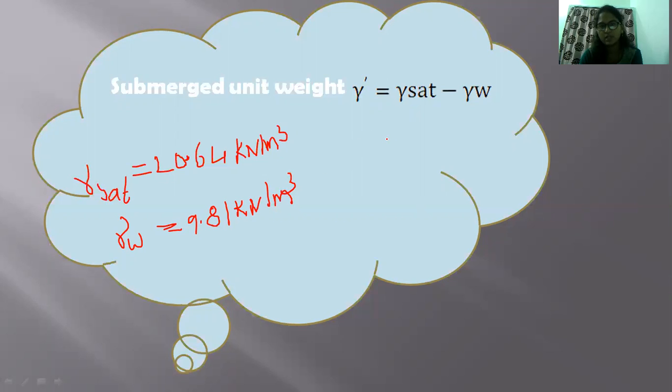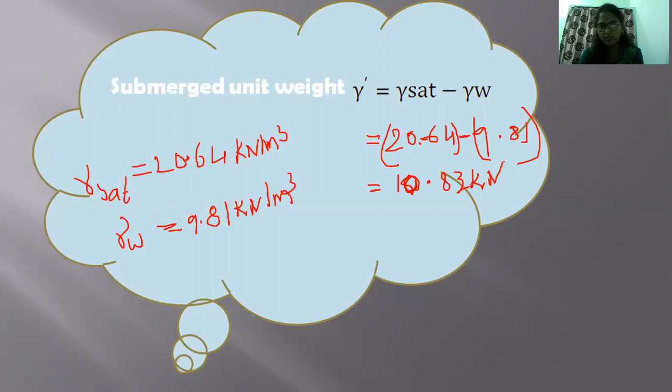Substituting these two values, gamma submerged is equal to 20.64 minus 9.81, which is equal to 10.83 kilonewton per meter cube.